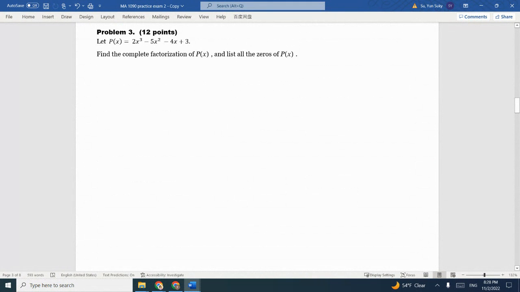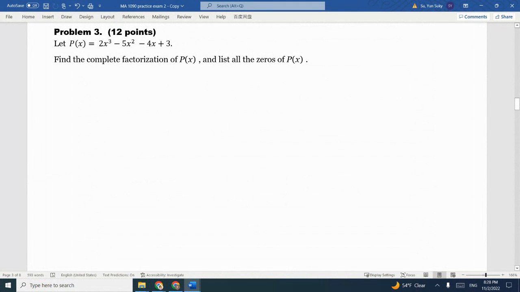Oh, yes, this is a good problem. Okay, so find the complete factorization of p of x and list all the zeros. So how do we solve this problem? This is a degree 3 polynomial.